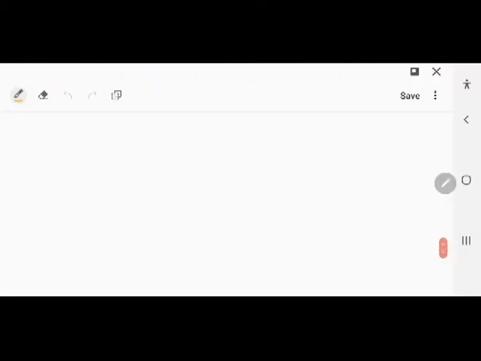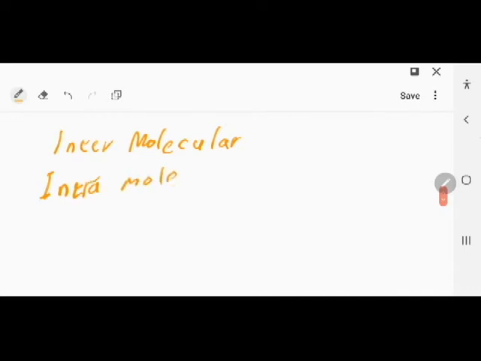So we have intermolecular forces and we have intramolecular forces.